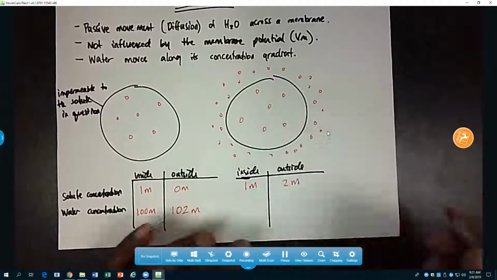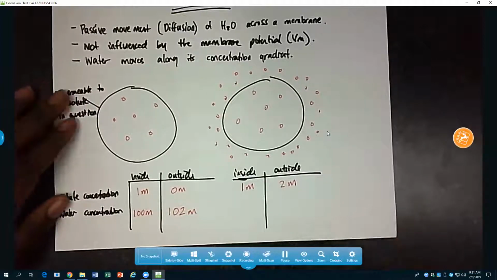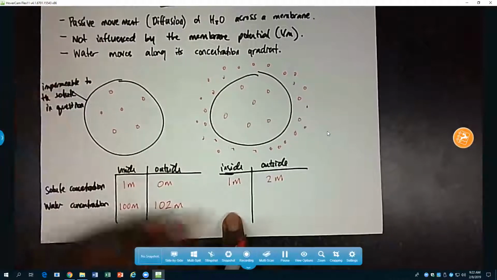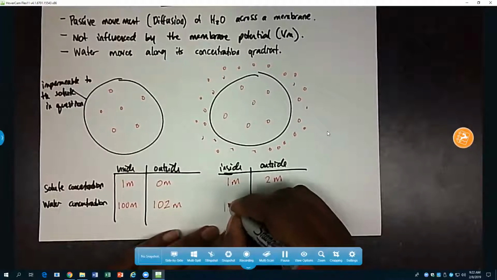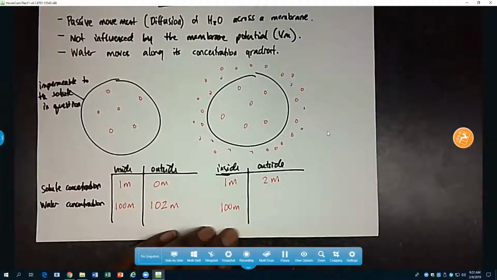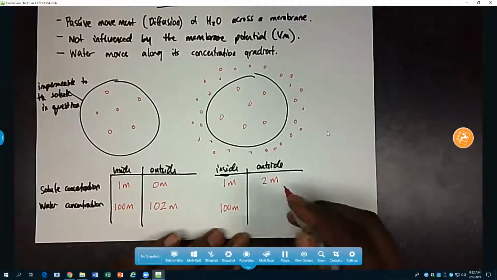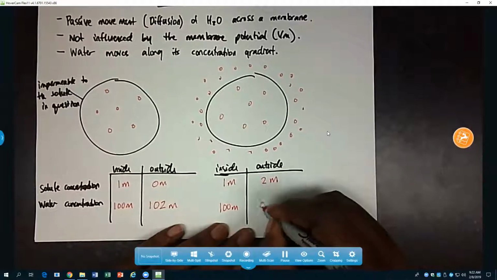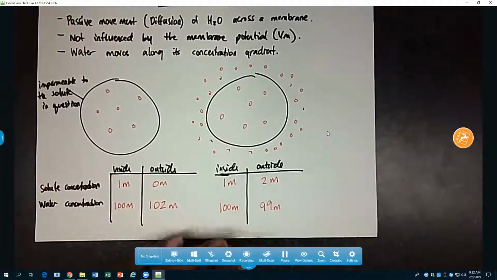And in terms of the water concentration of the second cell, we also have 100 moles inside the cell, and then outside the cell, we have slightly less, so 99 moles.